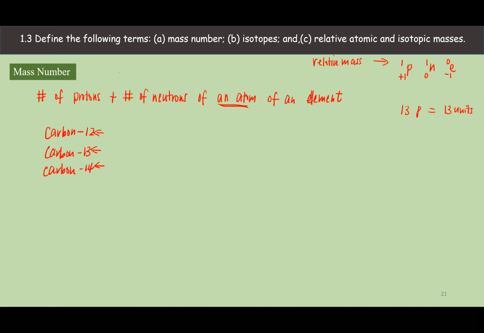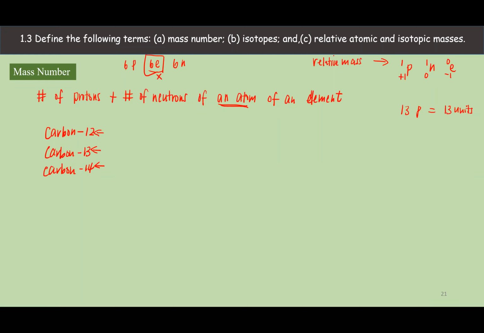Now, if I give a question and I say that an atom of an element has 6 protons, 6 electrons, and 6 neutrons, what is the mass number of the element? Be careful, electrons do not count when we check the mass numbers.